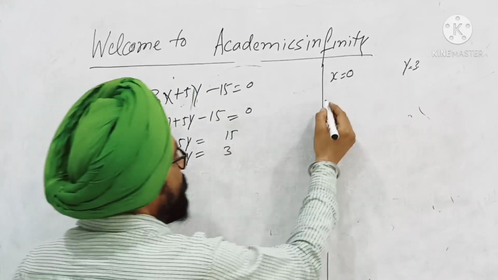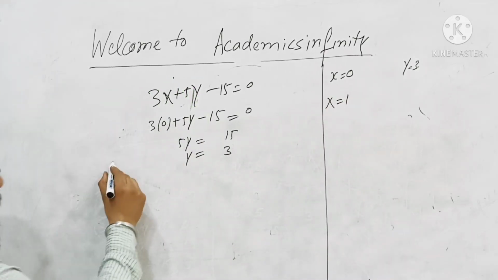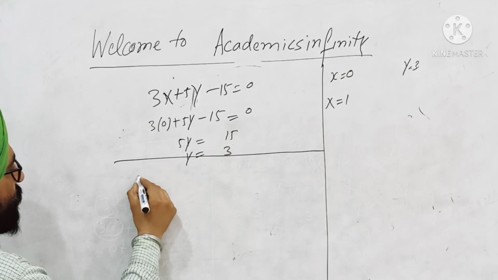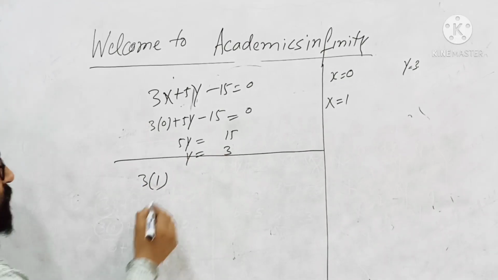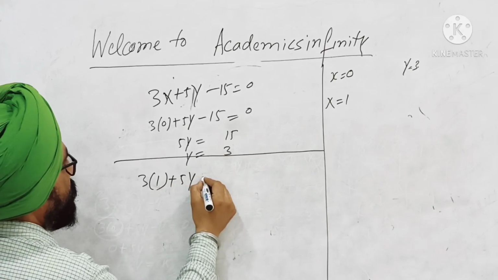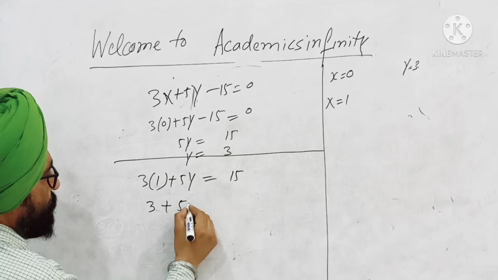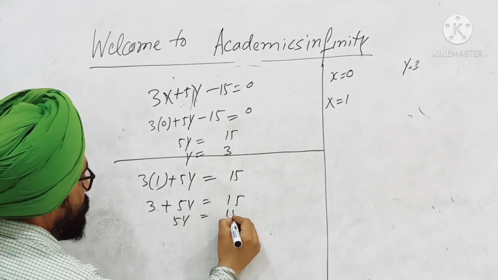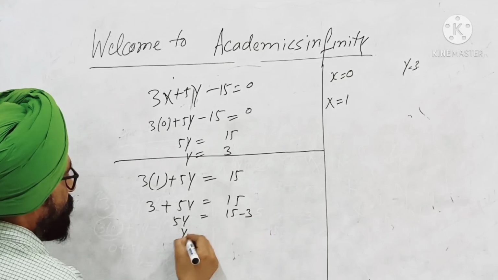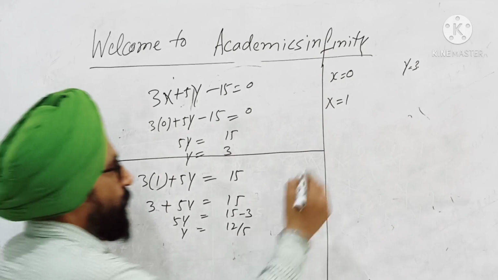Now let's take an assumption that x is equal to 1. If we assume that x is equal to 1, put the value of x here. Then the value of y is 12 over 5.